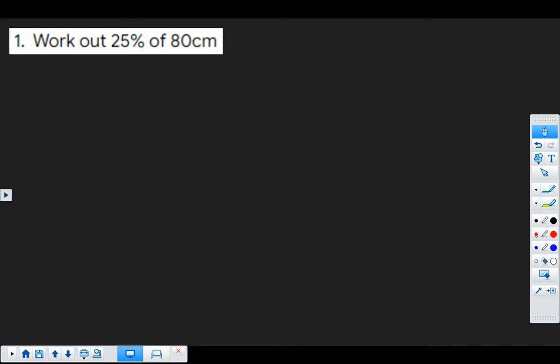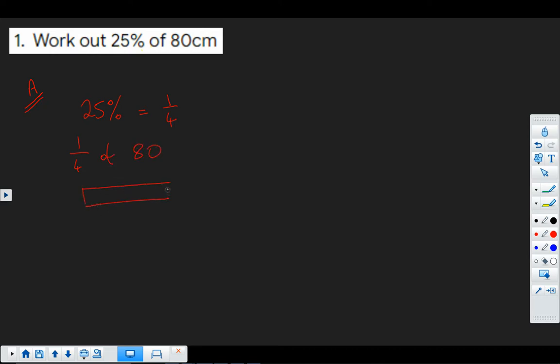Now I'm going to do this question two different ways. In the first instance, I would hope that some of you are recognising that 25% is 1/4, in which case we're being asked to find 1/4 of 80.